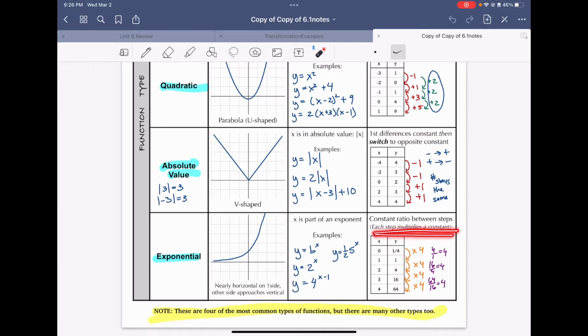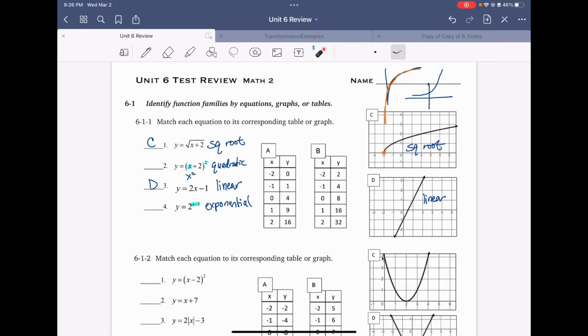So it's a multiplying pattern. So if you have a multiplying pattern, that's an exponential. So let's go back to the review and see, does A or B look like it has a multiplying pattern? And I'm looking at B, and it definitely looks like it has a multiplying pattern. It looks like we're multiplying by 2 each time. So that's sticking out to me that is a multiplying pattern, which means that one's my exponential one. So B lines up with 4.